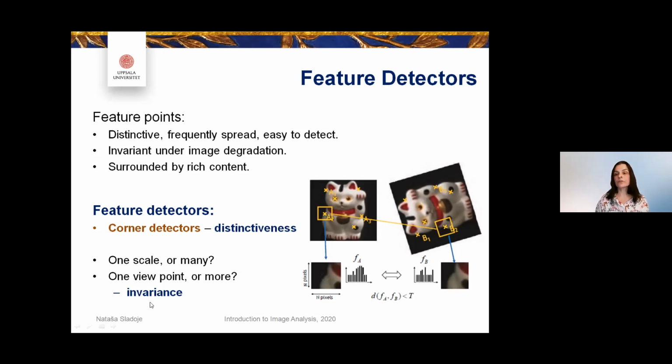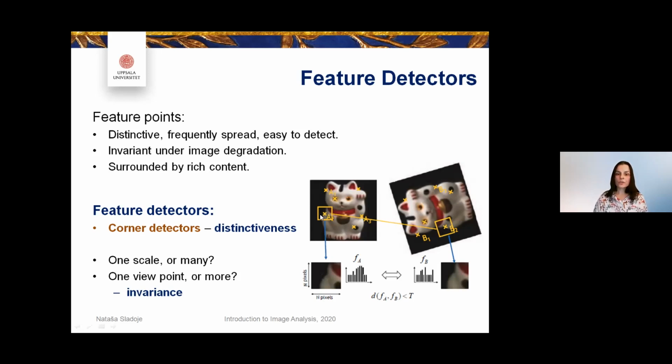And to ensure invariance, we would like our detectors to be somehow sensitive to features in different scales, maybe different viewpoints, presence of noise, and so on. So we would like to find feature points which are correspondent in the two images where there was some rotation and change of scale acting, maybe some blur.